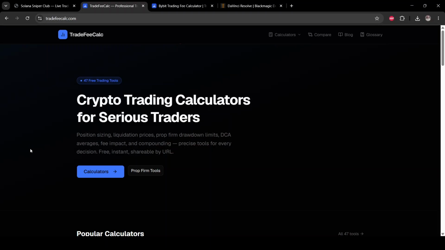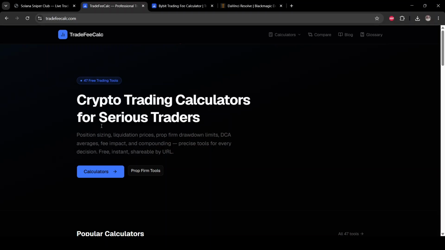Now, the fee problem. I want to talk to you about the fees for a minute, because I feel this is something almost no retail trader thinks about seriously. The bot is running with 20x leverage with 1% of risk per trade, and each trade has an entry fee and an exit fee.